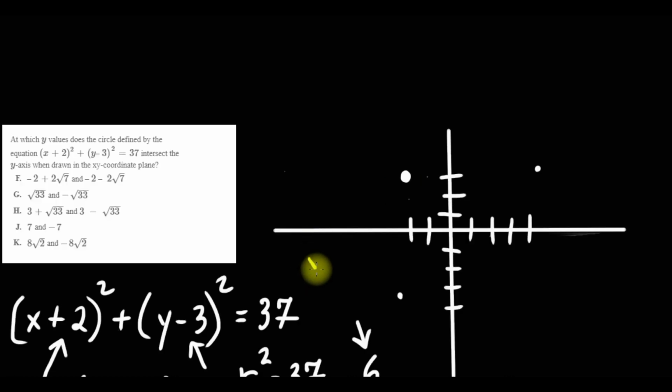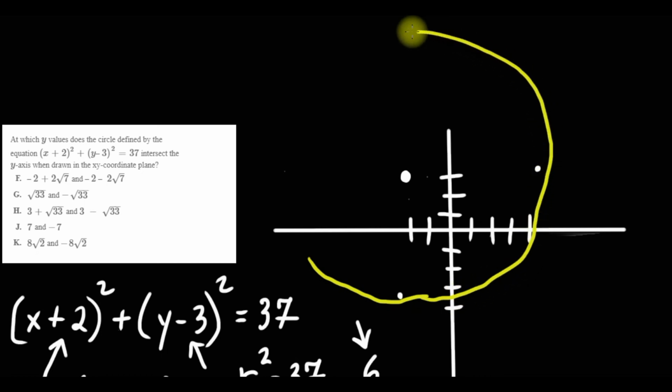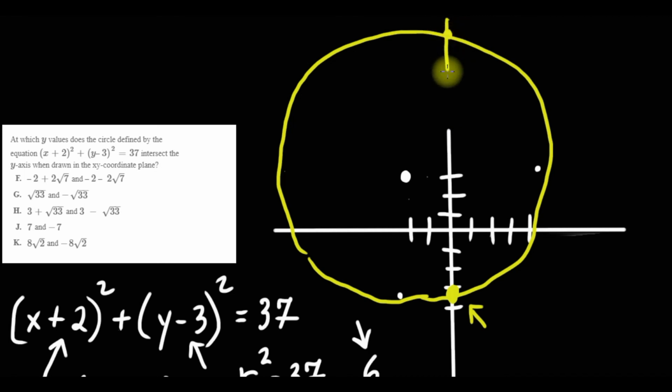Okay, so here we have this circle, something like that, right? And we're trying to find the y value. So what is y here? And then the other y value is up here, if you extend the axis. So we're trying to find out what those y values are.